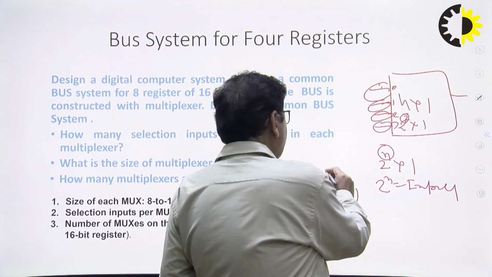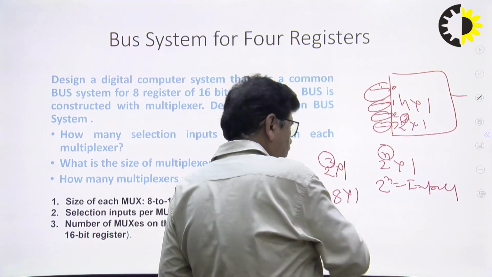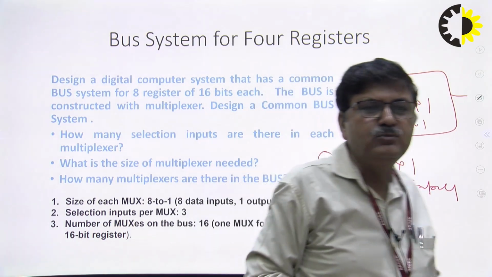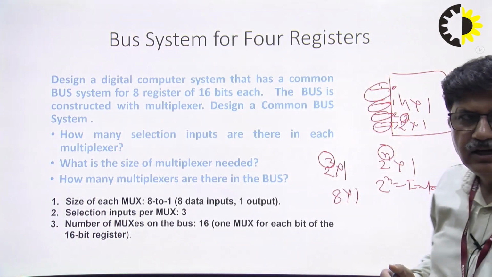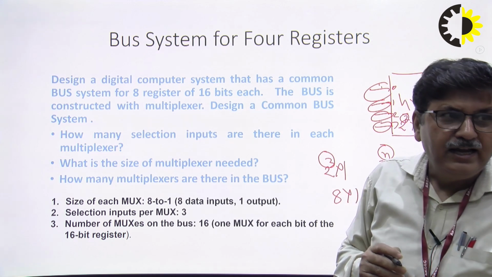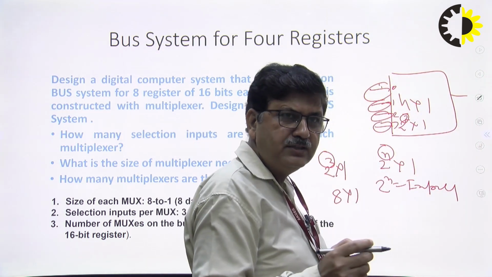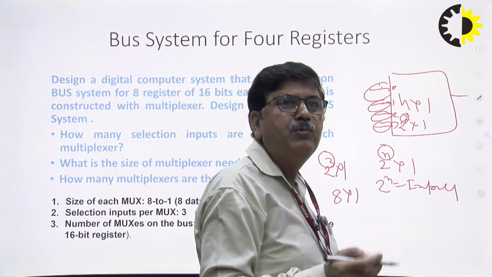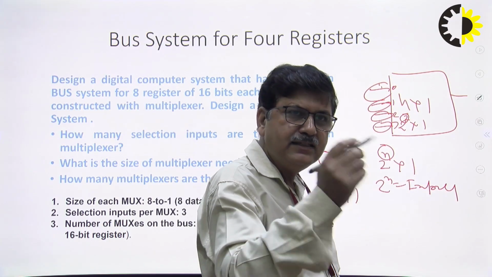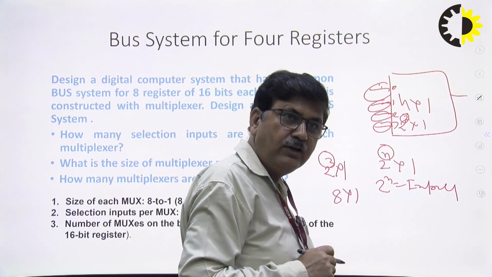It is 2 power 3 into 1. Then 3 is the selection input, 8 into 1 is the multiplexer size, and the number of multiplexers required is 16. In this way, these systems work.